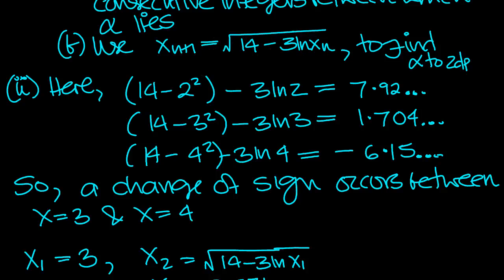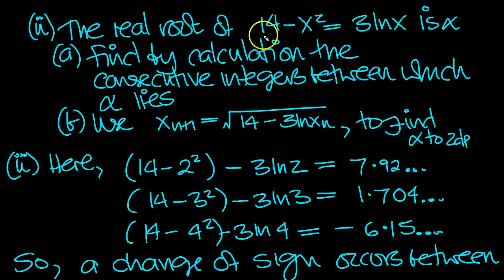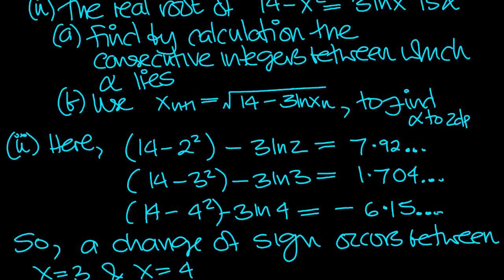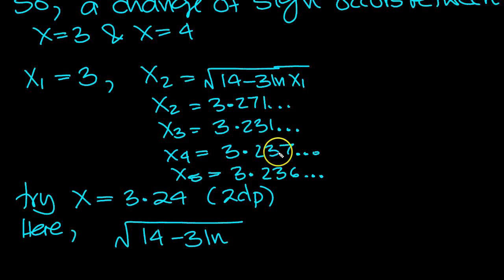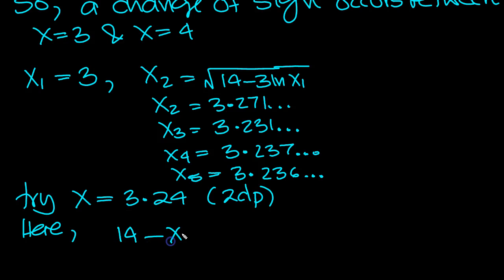Where is it now? 14 minus x squared is equal to 3 ln x. So 14 minus x squared minus 3 ln x. So let's have a look at that then.